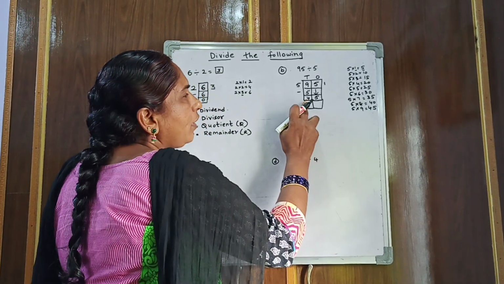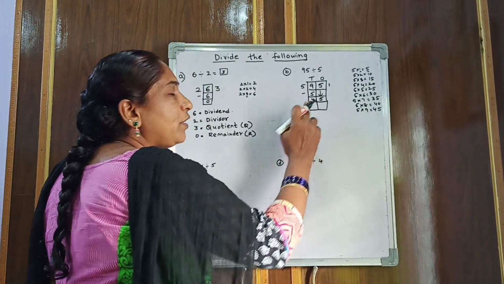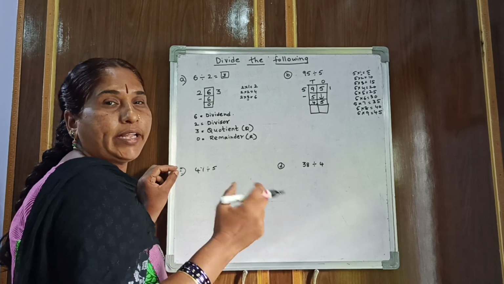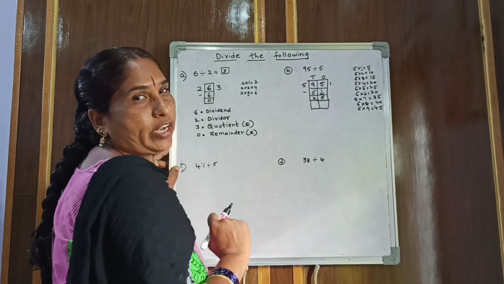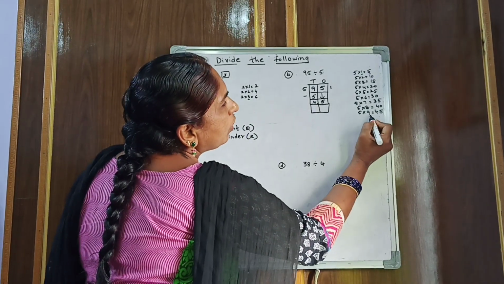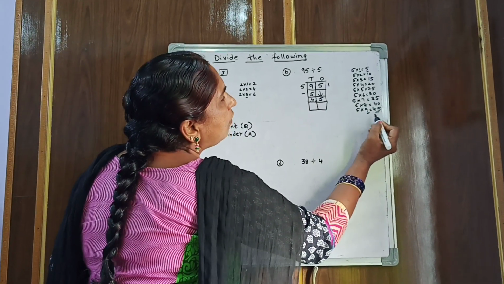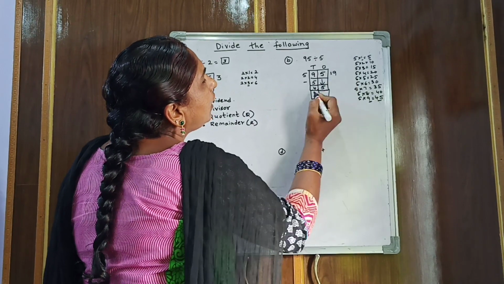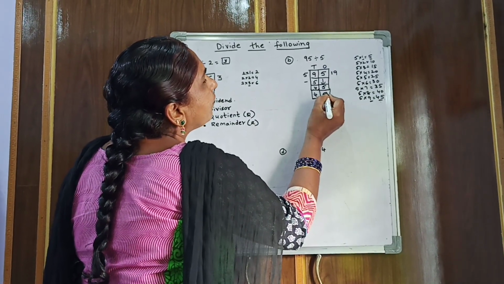Did you get 45? If you won't get 45, you have to take the nearer and smaller number than 45. Now here you are getting 45. With which number? 5 nines are 45.